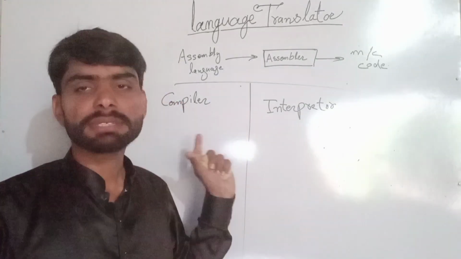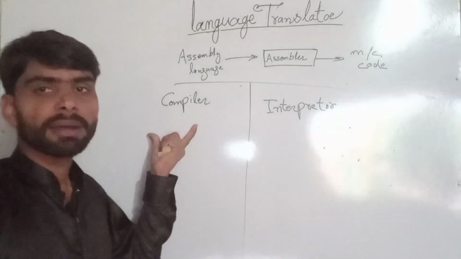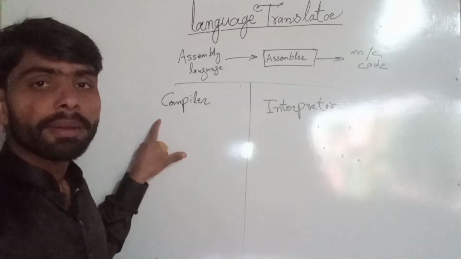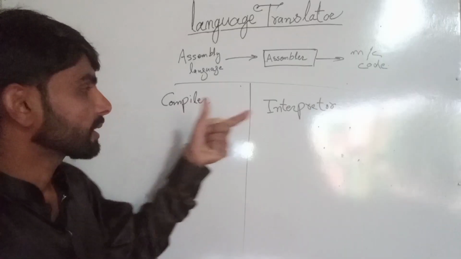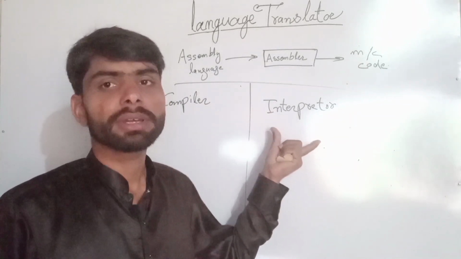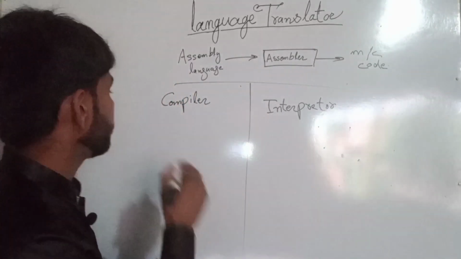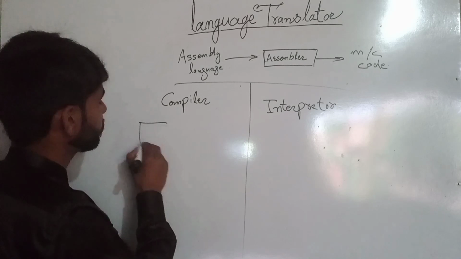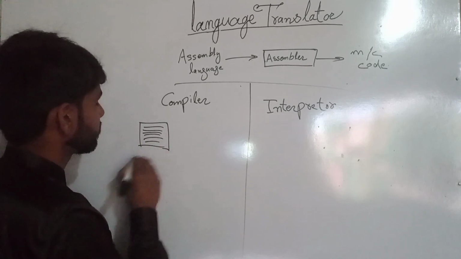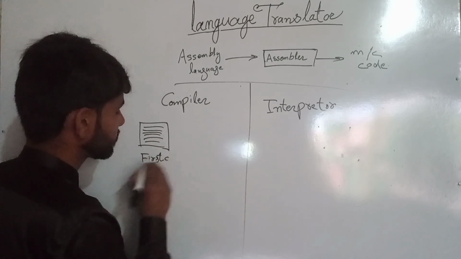So what is the difference between them? The compiler converts the entire source code before the execution, but the interpreter converts the source code statement by statement. What is the meaning of this? Suppose you write code in C language, and the name of the file is first.c.